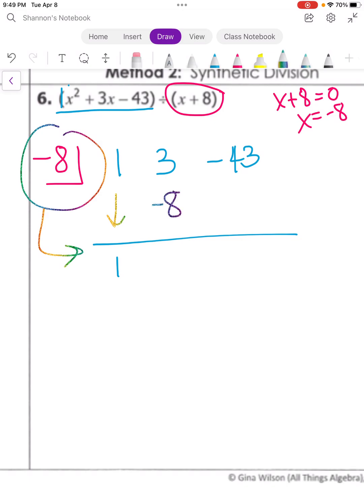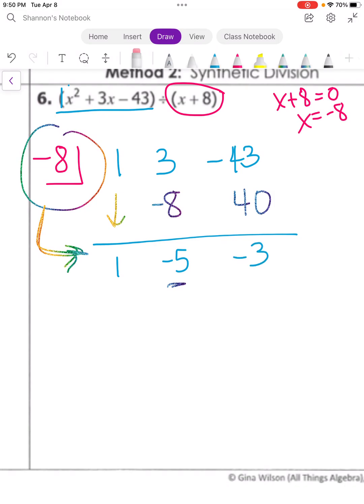That gives me negative 8. That's what goes right there. Then I'm going to add those two. 3 plus negative 8 would be negative 5. Again, I'm going to multiply the negative 8, this time times the negative 5. I get 40. I'll add those two, and I get negative 3.